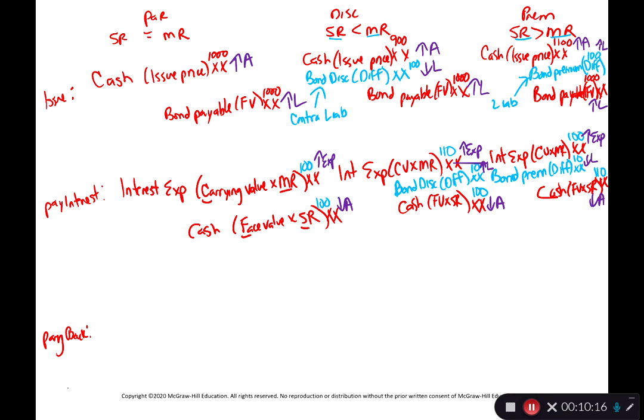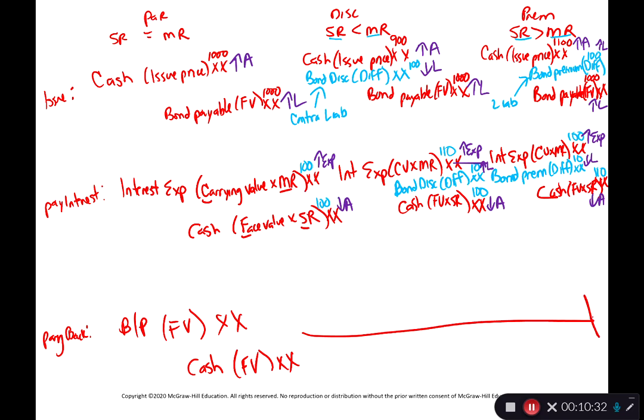And then when we pay it back, I've got some great news for you. We always pay back the face value of the bond. So we debit bond payable for the face value and credit cash for the face value of the bond. And I can just draw a line across because those entries are going to be exactly the same for all three scenarios.